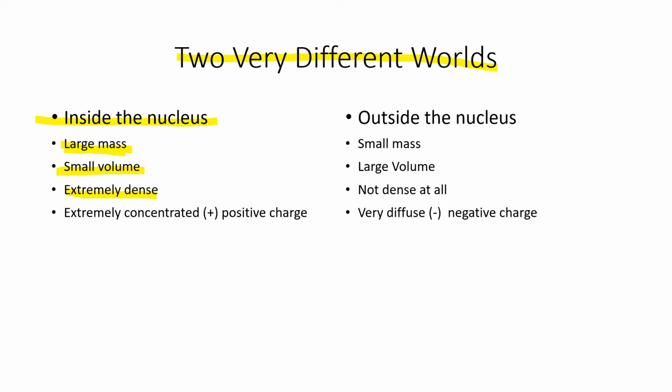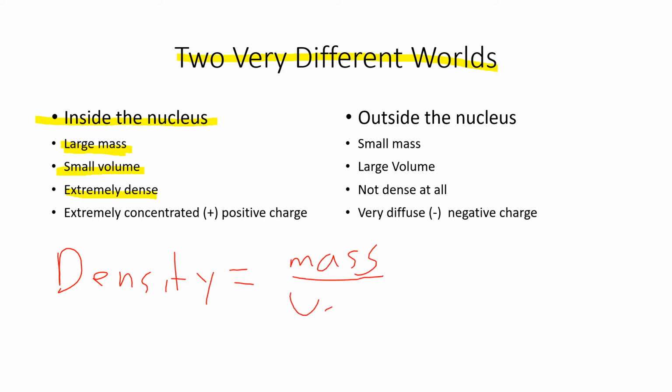If we think about density being mass divided by volume, well, if you have a very, very large mass and a very, very small volume, that is going to be extremely dense, incredibly dense, more dense than you can even possibly imagine.